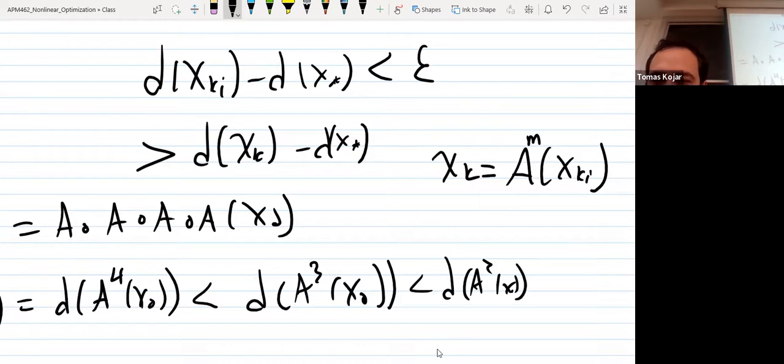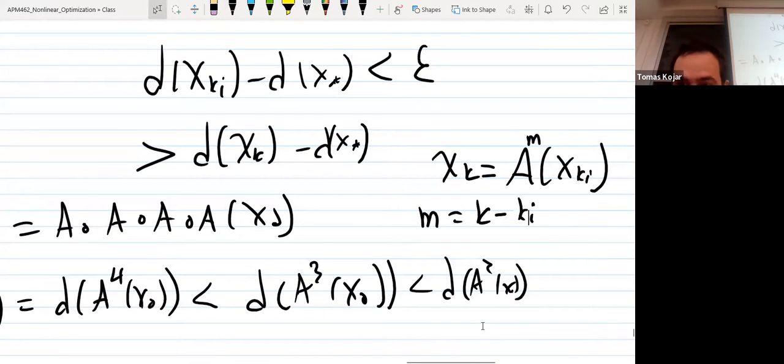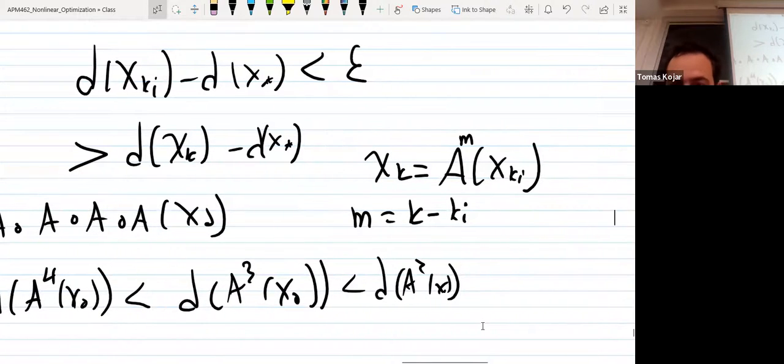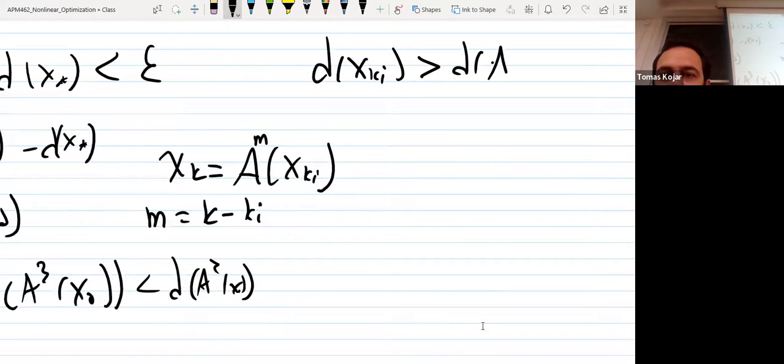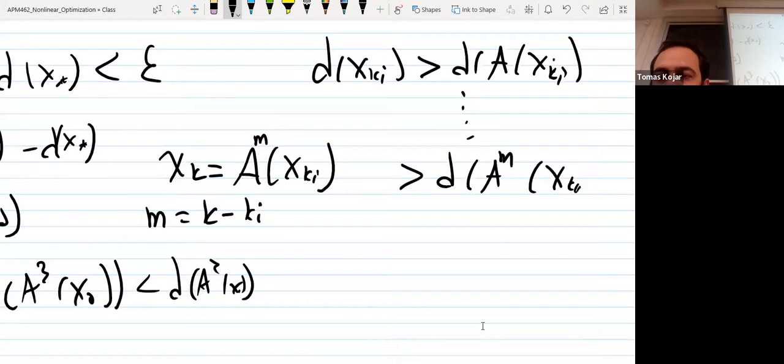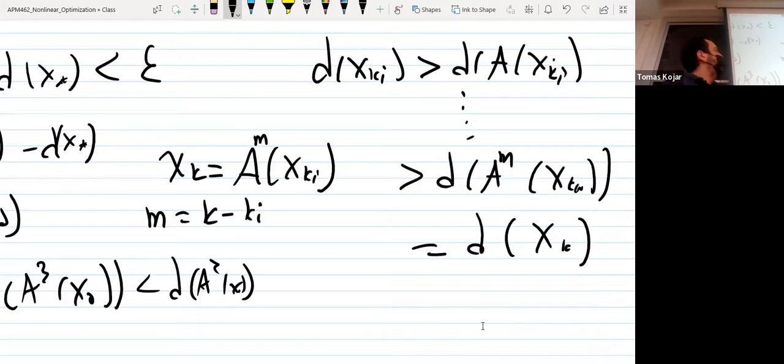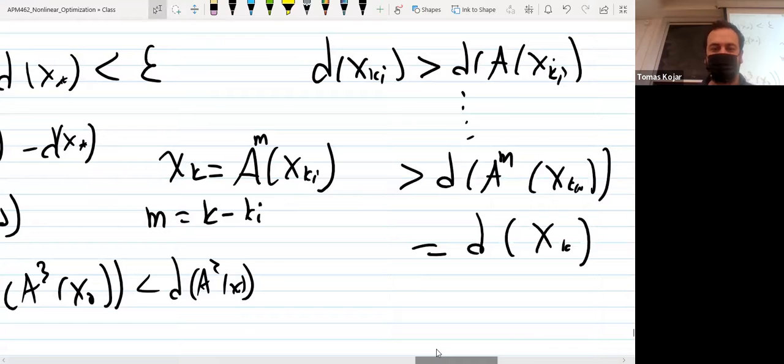So take m to be k minus k_i, and then you have d of x_{k_i} is bigger than d of a x_{k_i}, which is bigger than d of a^m x_{k_i}, which is equal to d of x_k. Probably everybody's lost.